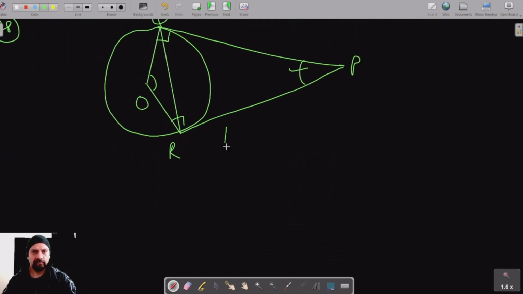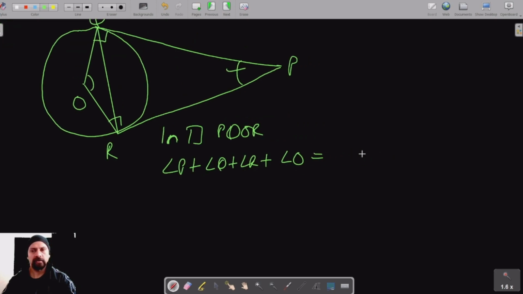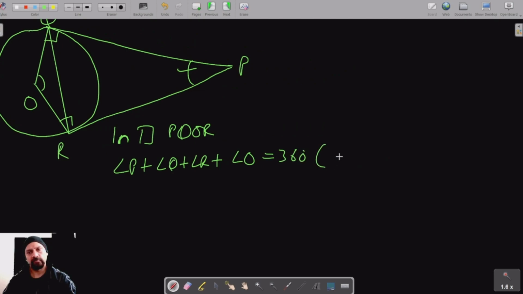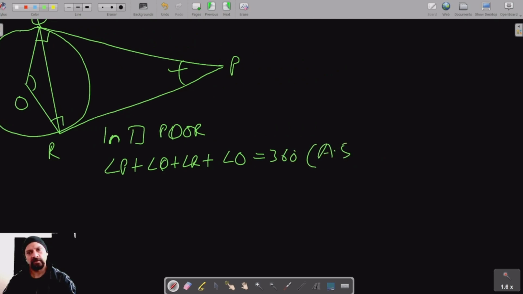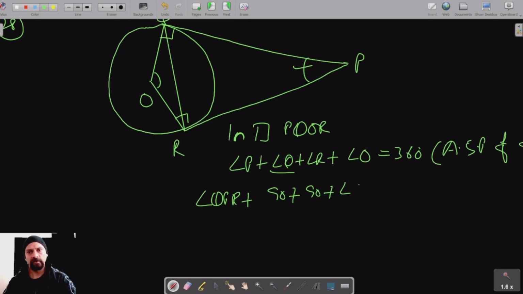Now in quadrilateral PQOR, angle P plus angle Q plus angle R plus angle O is equal to 360 degrees. This is because of the angle sum property of the quadrilateral. Now angle P is angle QPR, angle Q is 90 degrees, angle R is 90 degrees, angle O is angle QOR.